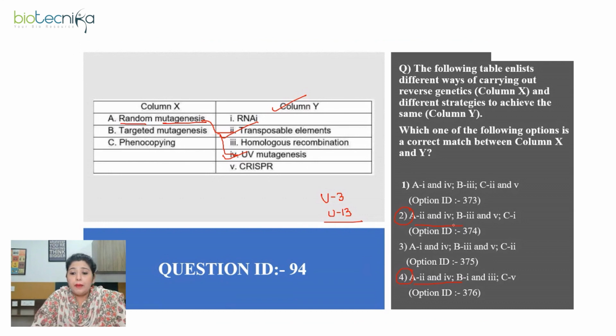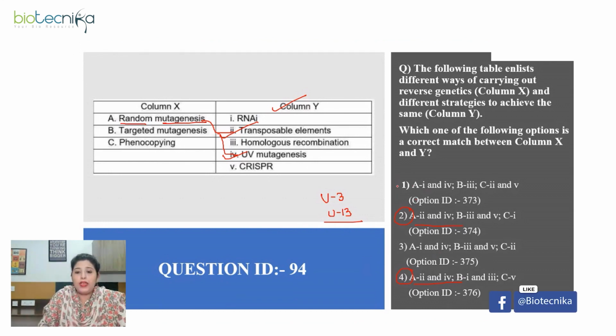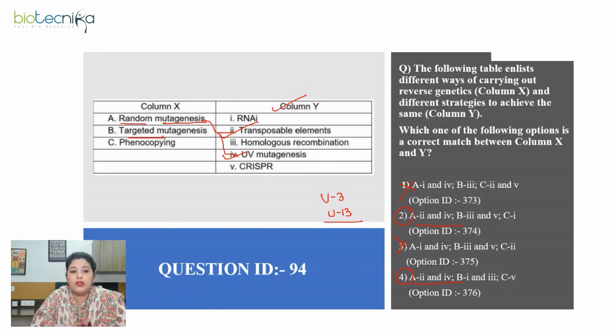Obviously we have omitted 2 options out of 4, but now what is the correct answer, 2 or 4? For that, we have to see B also, that is targeted mutagenesis. Here you can see the term targeted. If we want a targeted mutation to happen, the best strategy is homologous recombination, and even CRISPR, which is a powerful gene editing tool that researchers use nowadays.